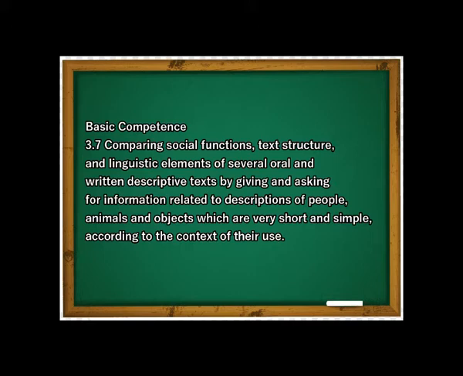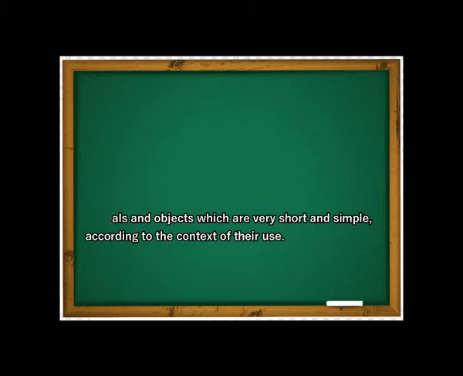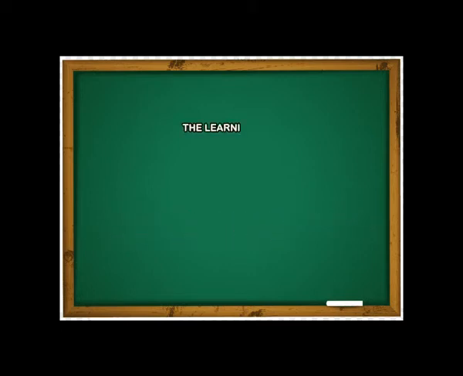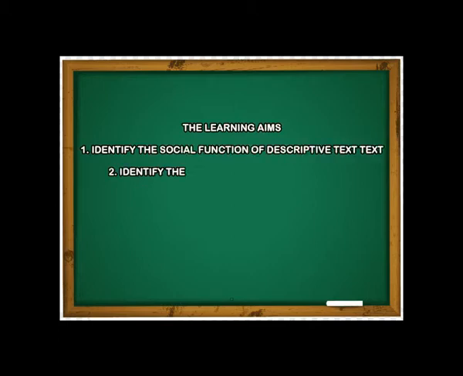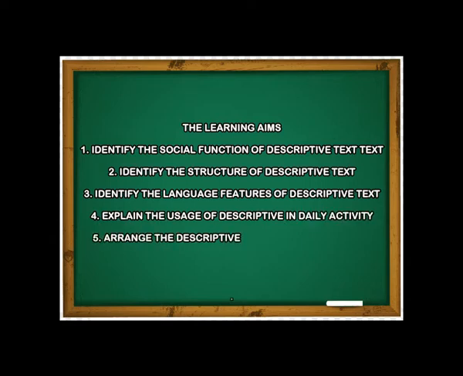of their use. In this chapter, sometimes you will learn and do activities in groups, perform in pairs, and also work individually. By the end of the lesson, students will be able to, for the learning items: first, identify the social function of descriptive text, then identify the structure of descriptive text.